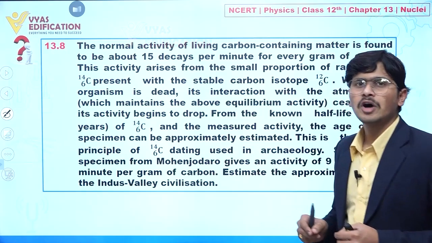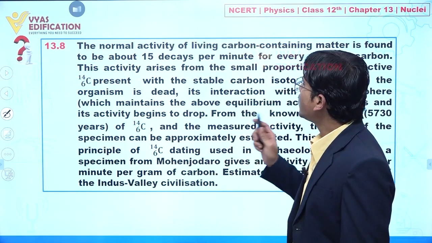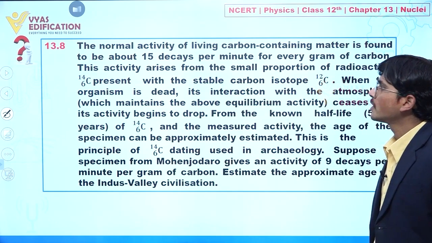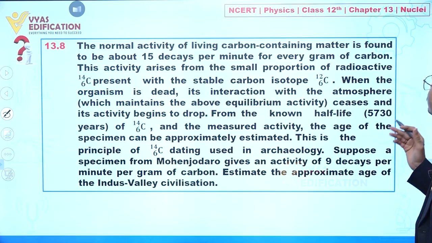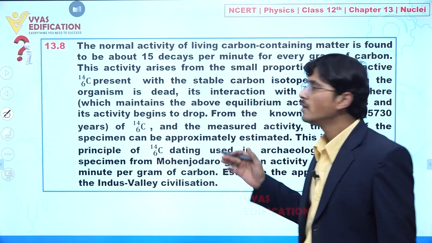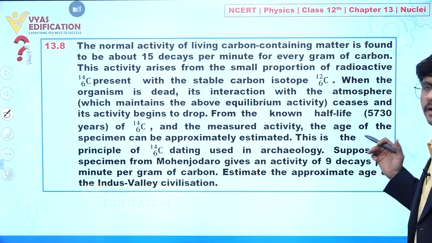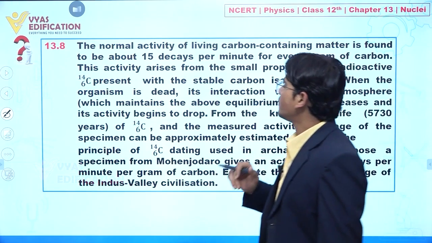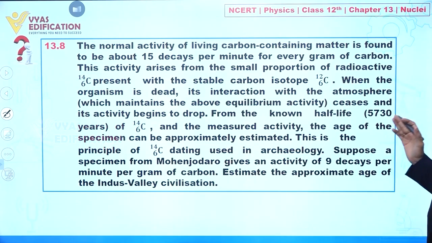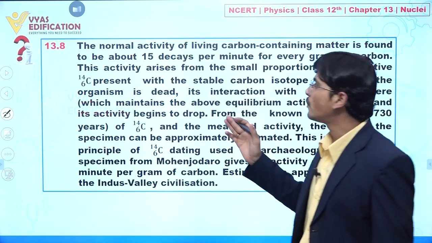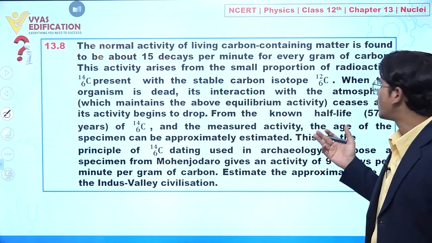In this question of 13.8, it is given that the normal activity of living carbon-containing matter is found to be 15 decays per minute for every gram of carbon. This activity arises from the small proportion of radioactive 6C14 present with the stable carbon isotope 6C12.